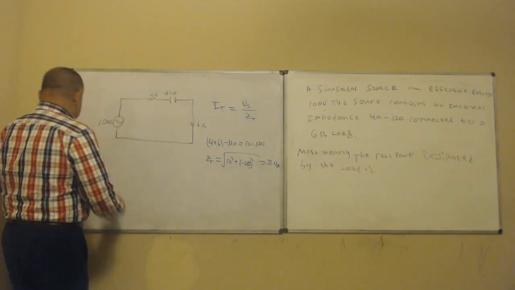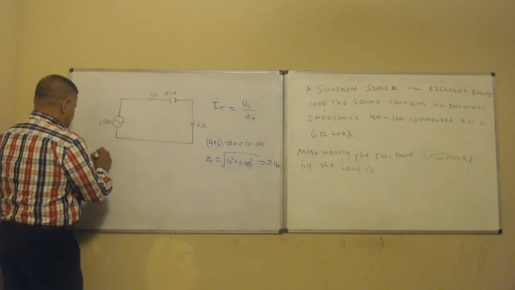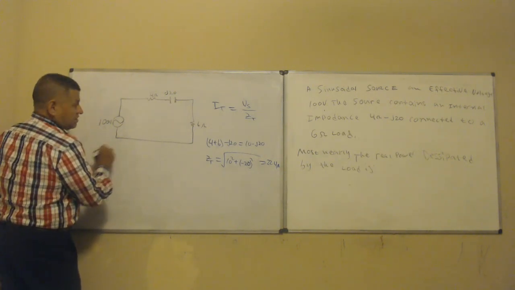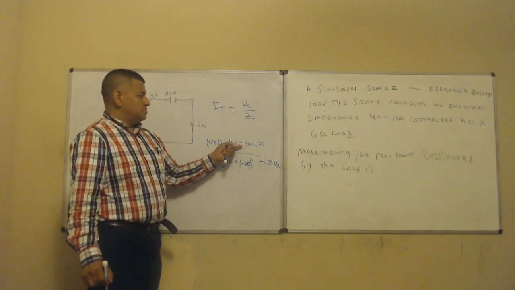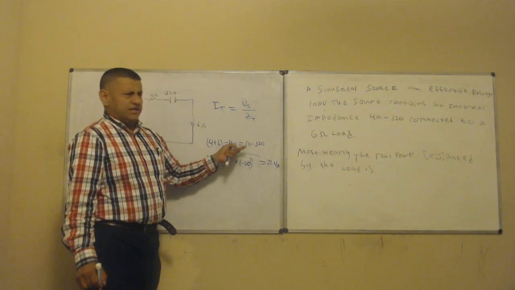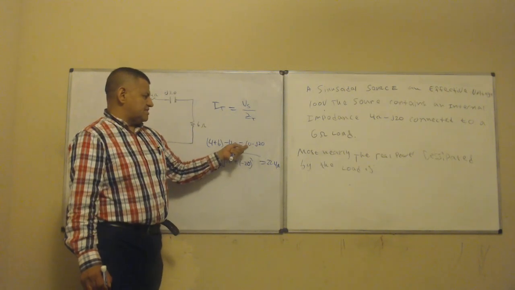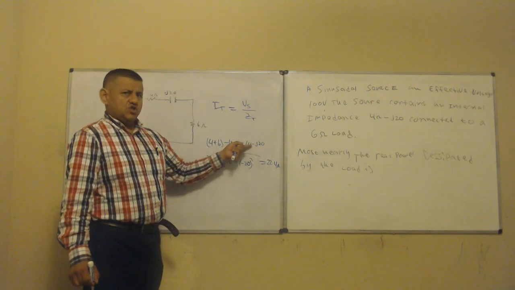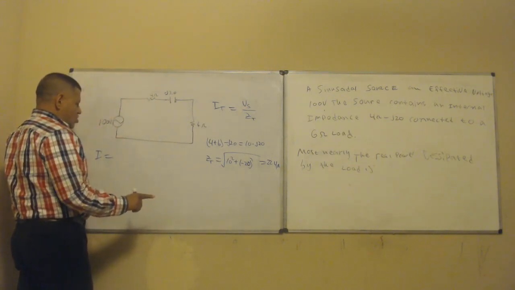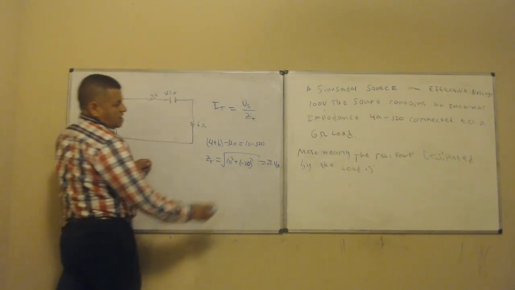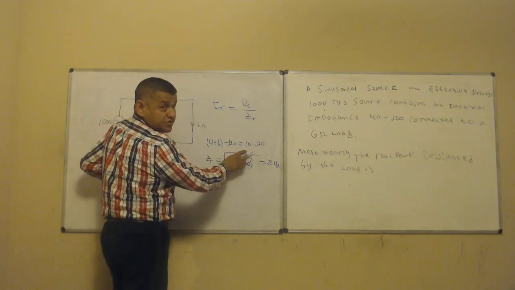Now we can find the current by saying that I is going to be equal to, and of course this has an angle on it, but we're not going to work that for now. But taking the inverse tangent of this over this, you will get an angle.